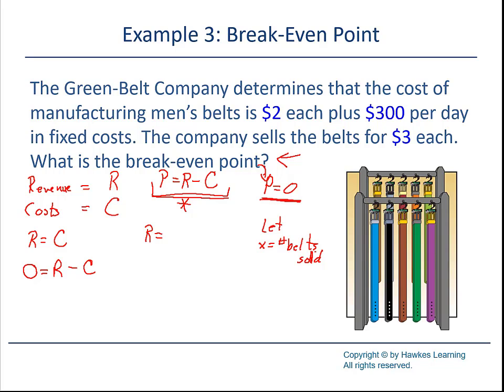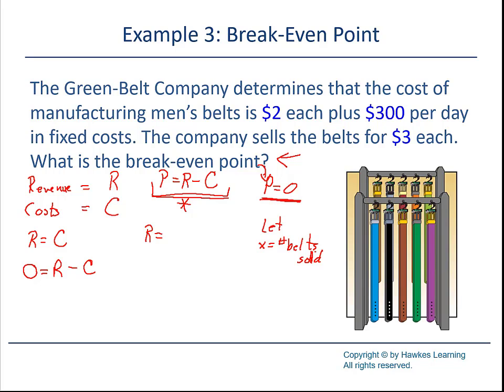There we go. Now, if you play with this, if you sell one belt, you make $3. It's $3 of revenue. If you sell two, $6. If you sell 17, 17 times 3, $51.